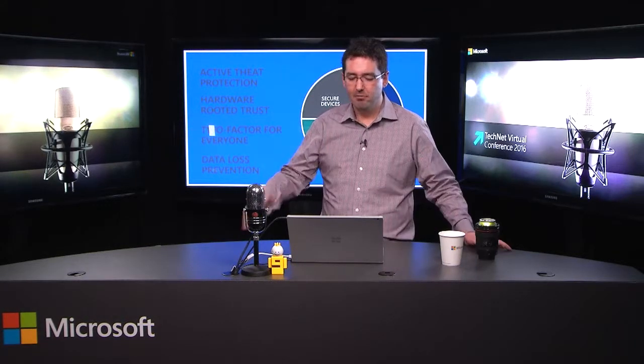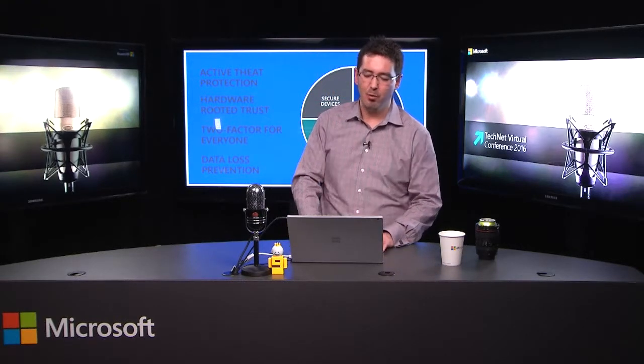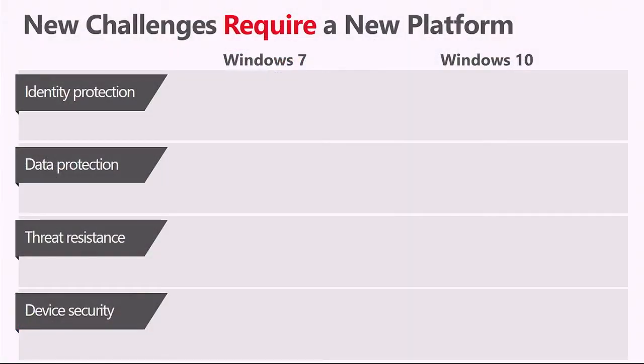We've talked about the two-factor authentication, Windows Hello, Microsoft Passport for Work and PIN, and then we've also talked about how the Enterprise Data Protection feature with DLP is going to be coming into the Windows 10 platform very shortly.